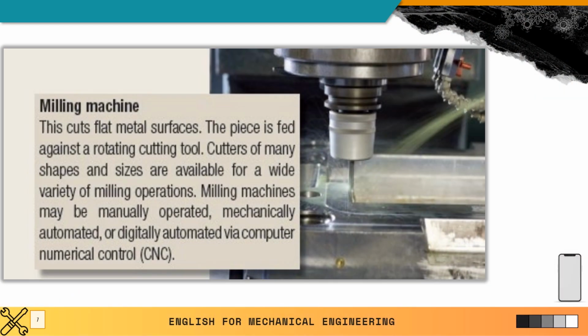Milling machine. This cuts flat metal surfaces. The piece is fed against the rotating cutting tool. Cutters of many shapes and sizes are available for a wide variety of milling operations. Milling machines may be manually operated, mechanically automated, or digitally automated via computer numerical control or CNC.